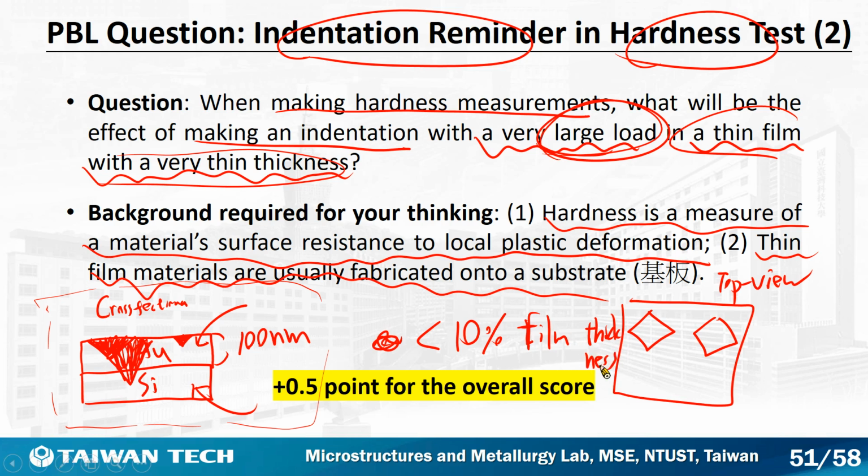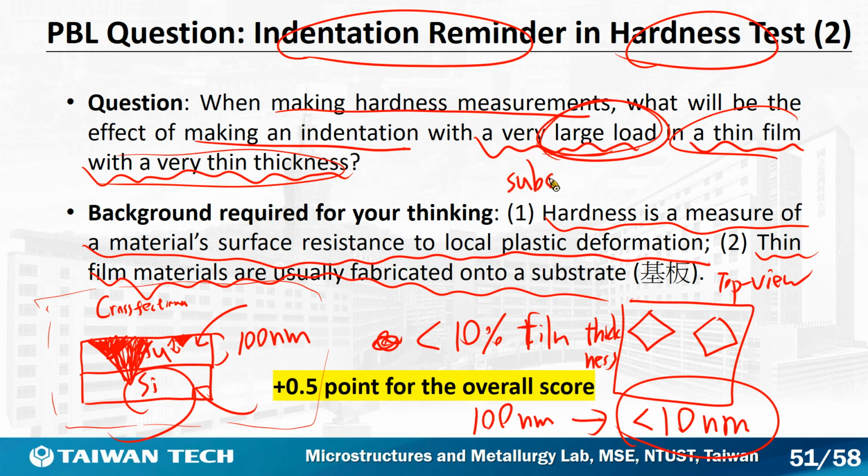For example, this film thickness is 100 nanometers, so the depth of the indentation must be smaller than 10 nanometers. Otherwise, the results you get will be affected by the substrate. This is what we call the substrate effect.